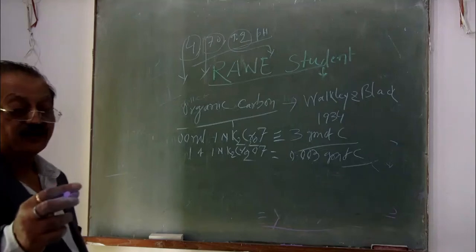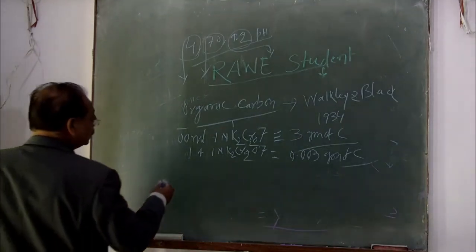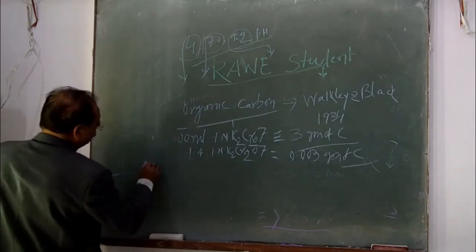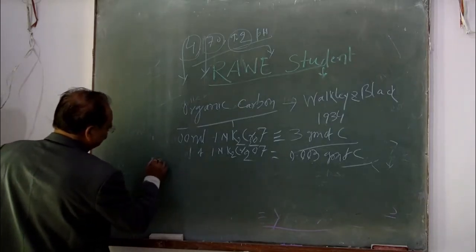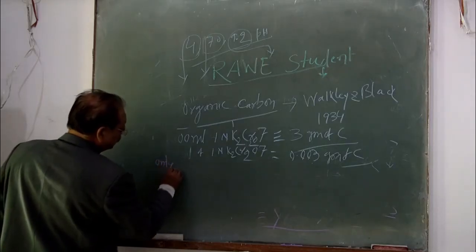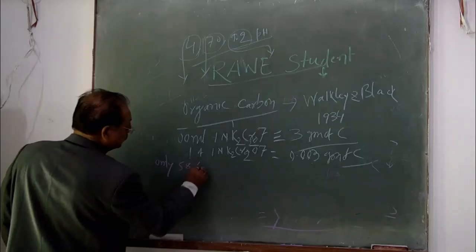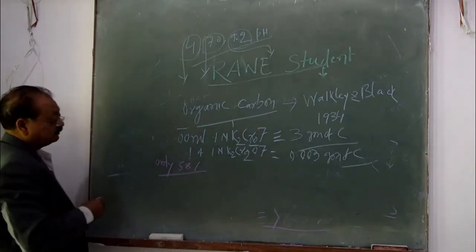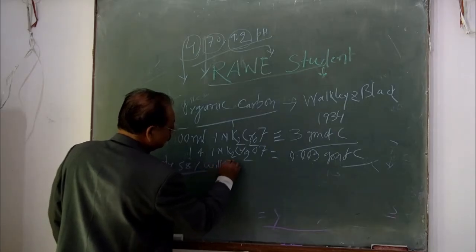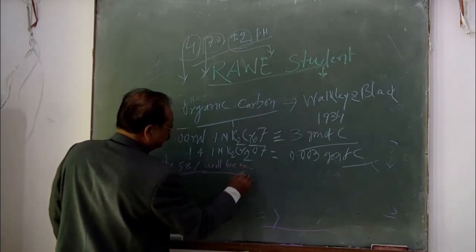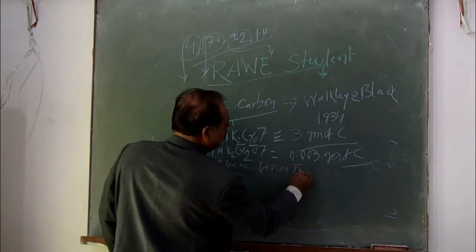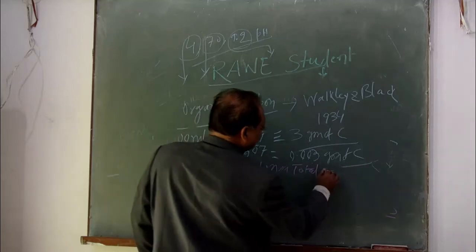Through this Walkley-Black method, it has been assumed that only 58% will be recovered from the total organic carbon.